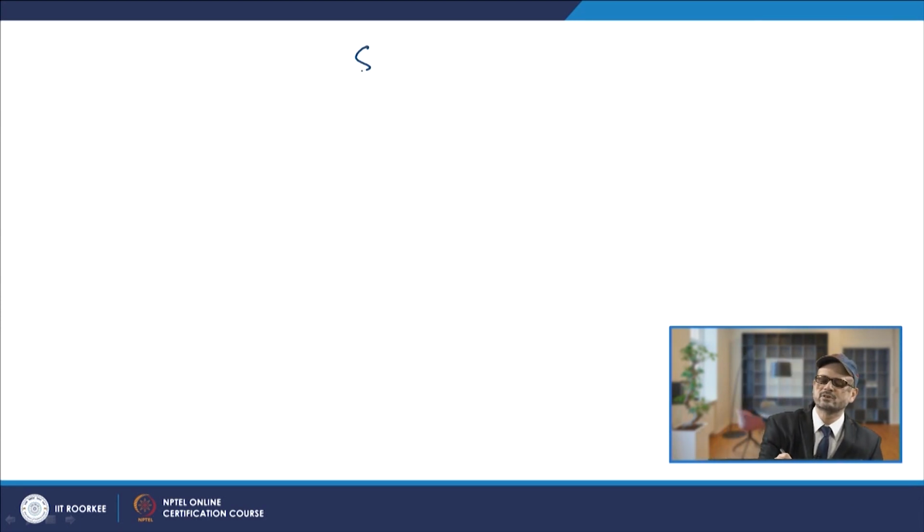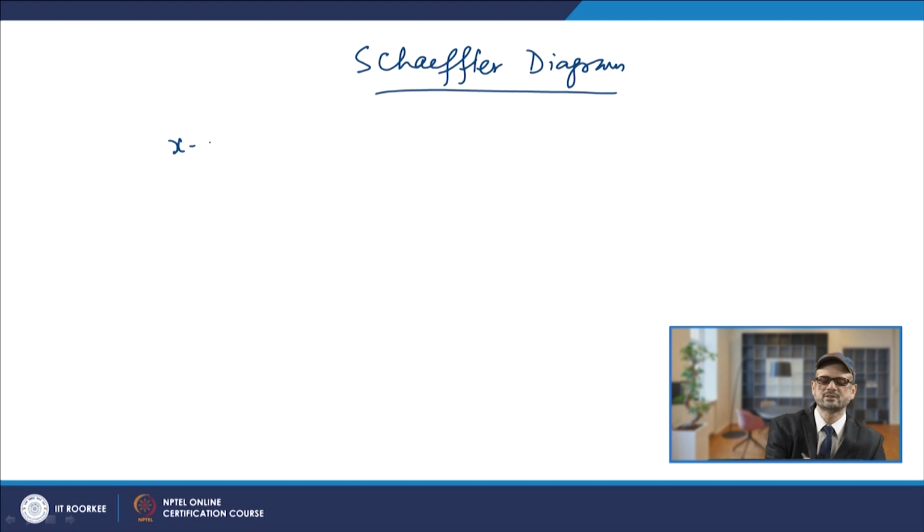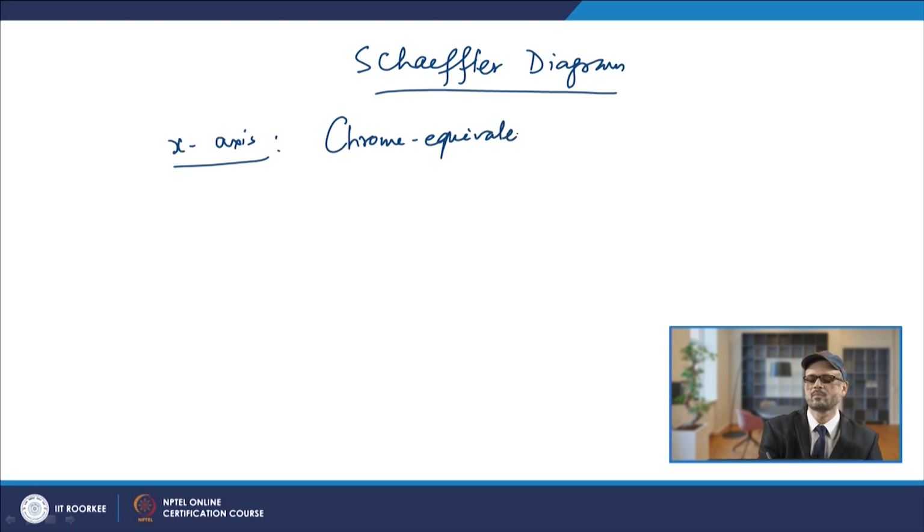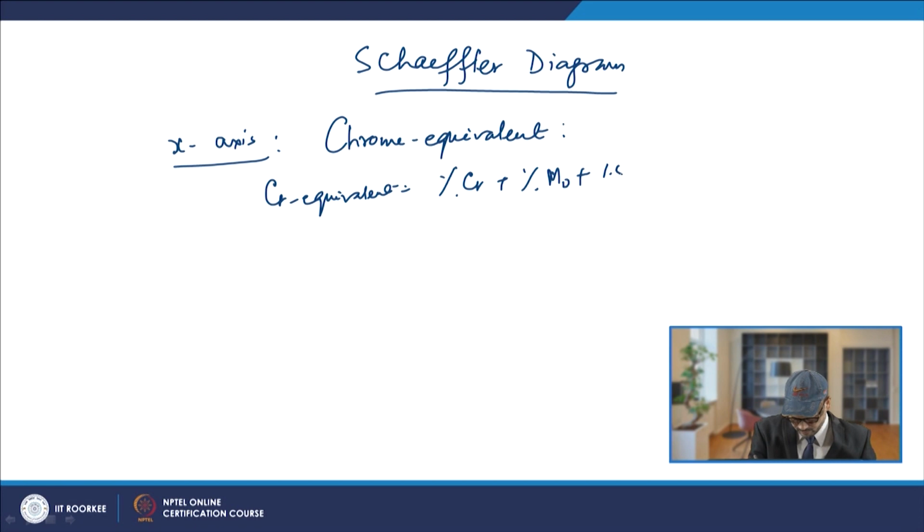So, in the case of the Schaeffler diagram, you have the x axis as the chrome equivalent. That will be basically percentage chromium plus percentage molybdenum plus 1.5 times percentage silicon plus 0.5 times percentage columbium.